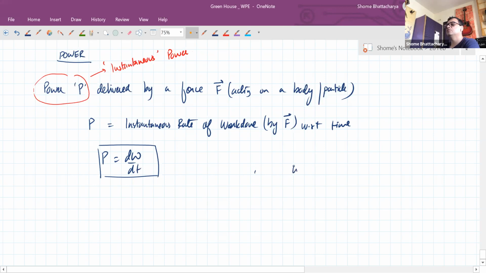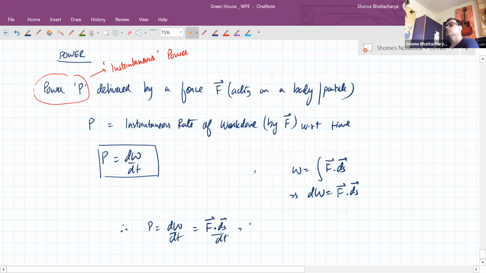Now we know that work done by a force is the integration of F dot ds. So work done in a differential time dt is F dot ds. Therefore this can be written as F dot v, because the instantaneous rate of displacement with respect to time is nothing but the instantaneous velocity.